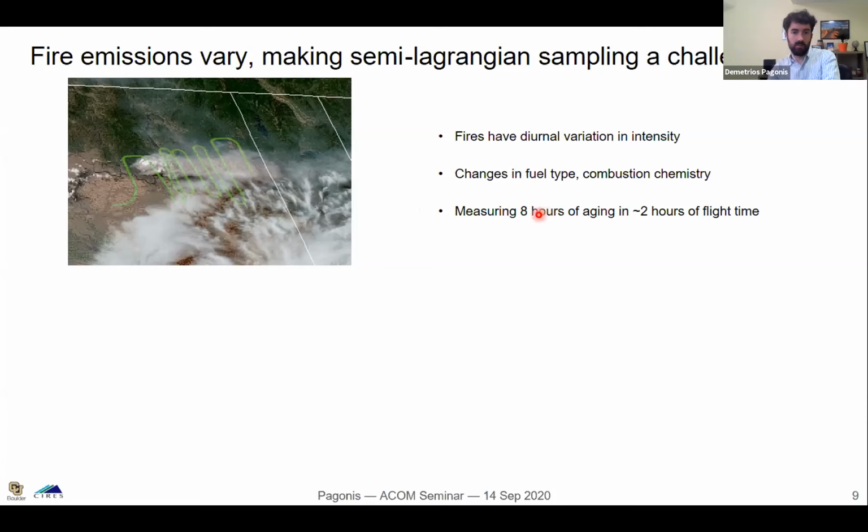Right, so it's smoke that was emitted now 6-7 hours apart. And in that time, fires evolve, they can strengthen and move into different fuels, change flame states, and that's going to change your emission profile and change your chemistry and really complicate your analysis as you try to compare chemical composition across these different transects.